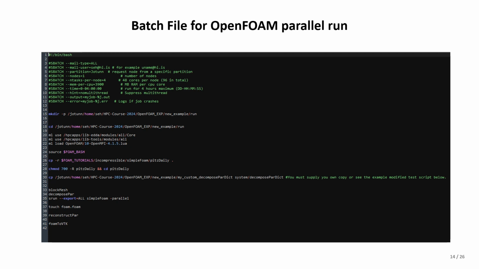The number of subdomains should be equal to the number of processors that you specify in the batch file. This is very important. If not, you will get an error during the run. Then after this setup and specifying the number of subdomains and the method of decomposition, you can start to run the OpenFOAM simulation.